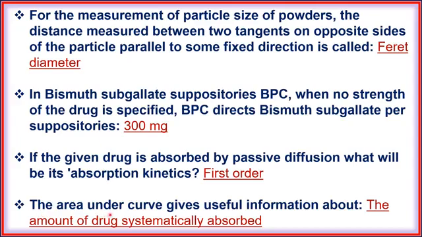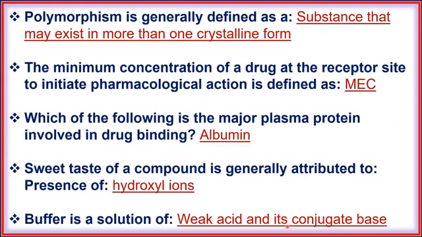Next, the area under the curve gives helpful information about the amount of drug systemically absorbed. Next, polymorphism is generally defined as a substance that may exist in more than one crystalline form. Next, the minimum concentration of a drug at the receptor site to initiate pharmacological action is defined as MEC.